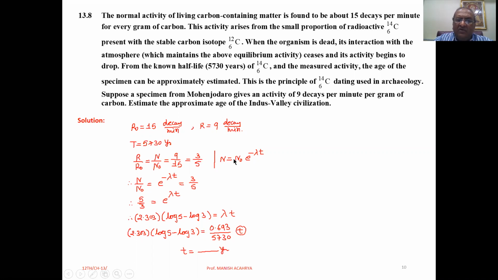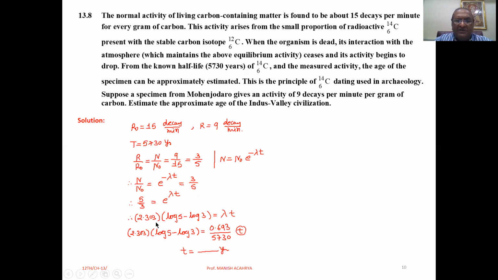But we have n equal to n0 e raised to minus lambda t. So we can write n upon n0, that is 3 by 5, equals e raised to minus lambda t. So we can write 5 by 3 equal to e raised to lambda t. Now here take natural log on both sides, and then by multiplying with 2.303, you can write in terms of log at the base of 10.